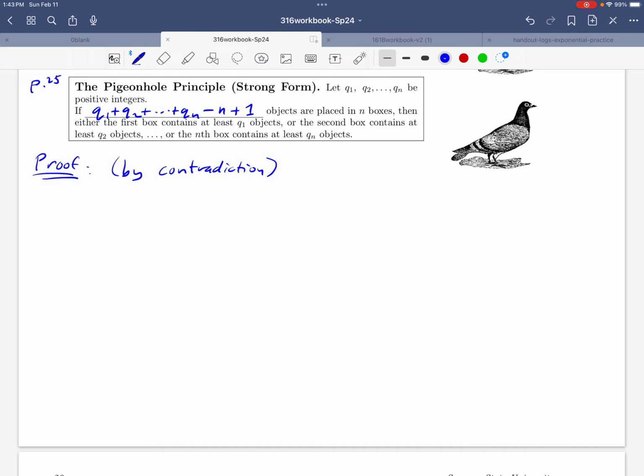Okay, so we might start off then by saying this. Suppose not. In other words, suppose the opposite of what we're trying to prove.